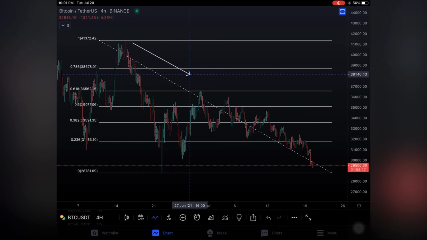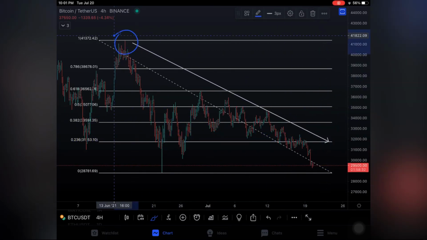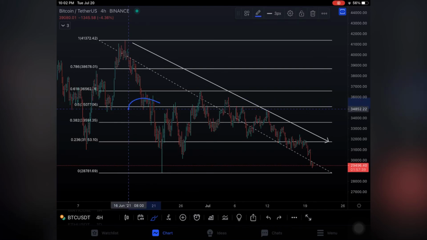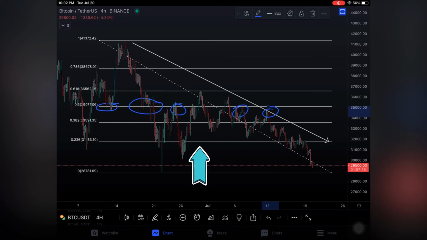Here you can see that we have a downtrend trending market with consecutive lower highs and lower lows. The Fibonacci shows us a clear view of how the 0.5 level, which was our previous support, became the current resistance, and the 0.236 as our new support.